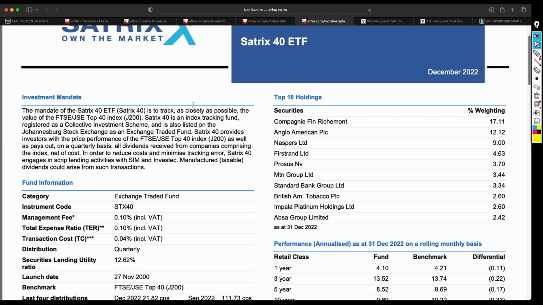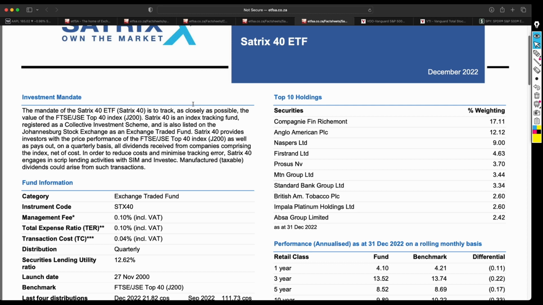So you will see from time to time that the top 40 and the All Share index mirror each other, meaning that they are almost similar. But remember, the top 40 is usually big cap companies, or large market capitalization companies.